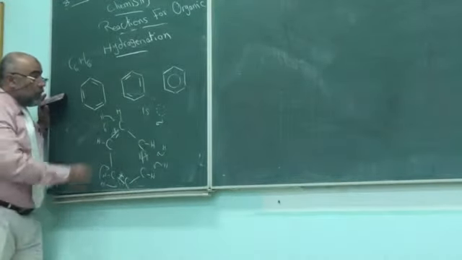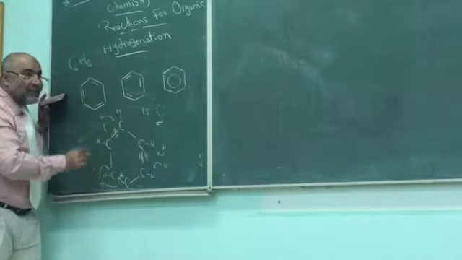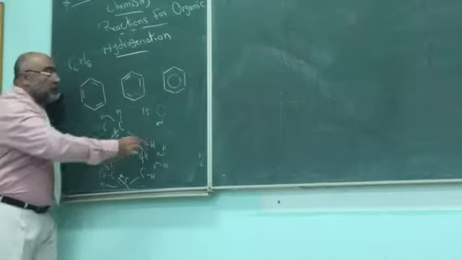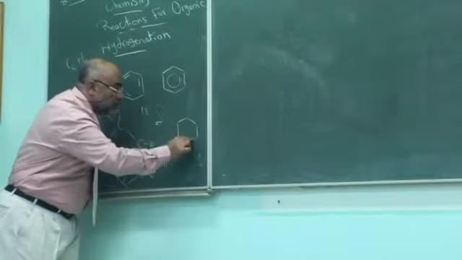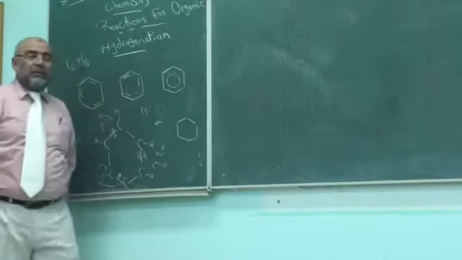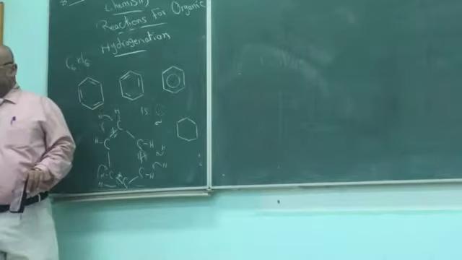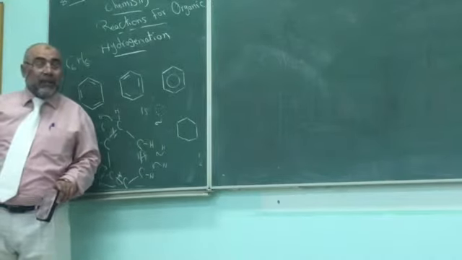So 1, 2, 3, 4, 5, 6 added, right? So in this case, we can convert it to this compound, a saturated compound. Is it a chain or cycle? What is the name? Cyclo what? Hexane. Cyclohexane.